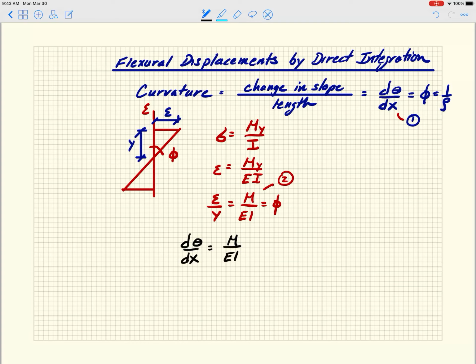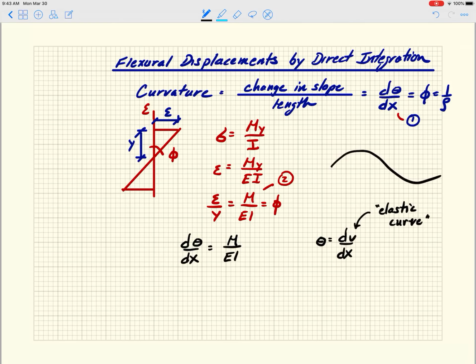Right? And we are also going to recognize that theta is the derivative of the elastic curve. So this V is what we're going to call the elastic curve. That is the deformed shape, right?